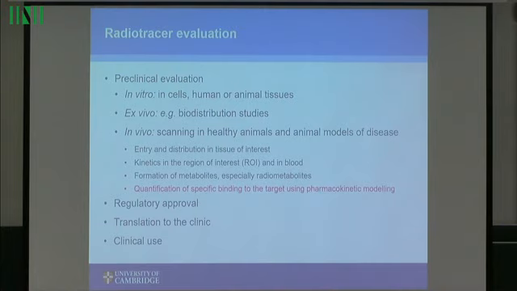So that's using pharmacokinetic modeling. Once we have all this and we have information about the toxicity of this compound, if any, then we can apply for regulatory approval before it can actually be tested in clinic and finally applied to the clinic.